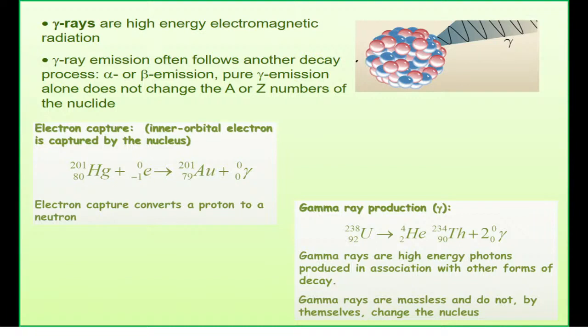Pure gamma emission alone doesn't change the A or Z numbers of the nuclide. Gamma rays are high-energy photons produced in association with other forms of decay. Gamma rays are massless and don't, by themselves, change the nucleus.